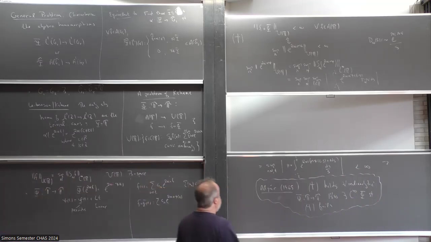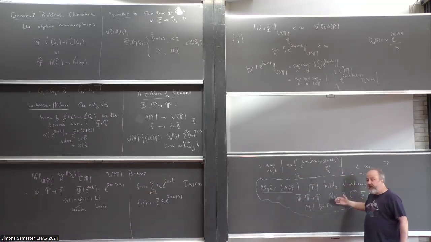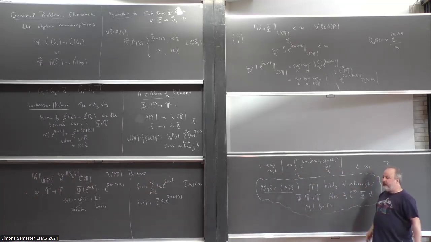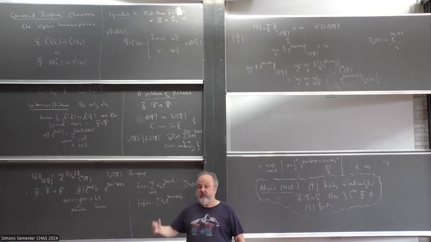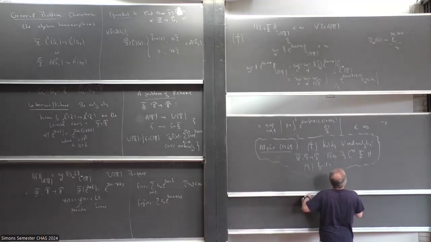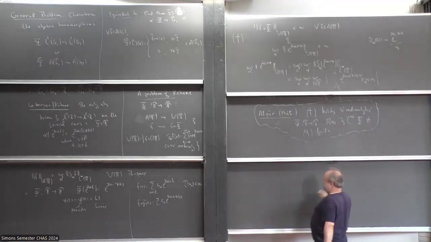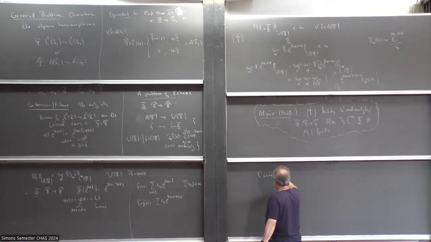And there is a nice connection here. I want to now describe this connection of this problem coming from Kahane with a problem from Calderón-Zygmund theory. Okay, so let's describe this. So there is this nice connection with Calderón-Zygmund theory.